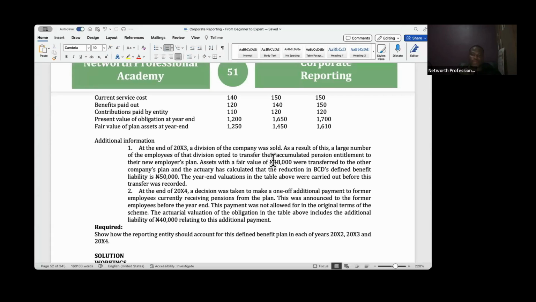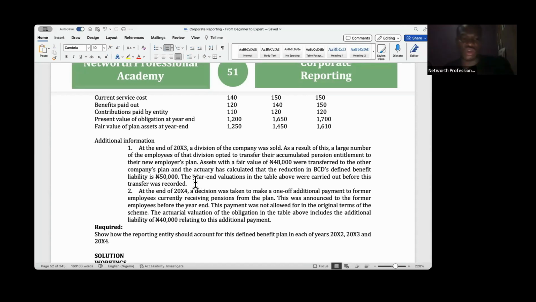Assets with a fair value of 48,000 were transferred to the other company's plan. And the actuary has calculated that the reduction in BCD's defined benefit liability is 50,000. The year-end valuation in the table above were carried out before this transfer was recorded.